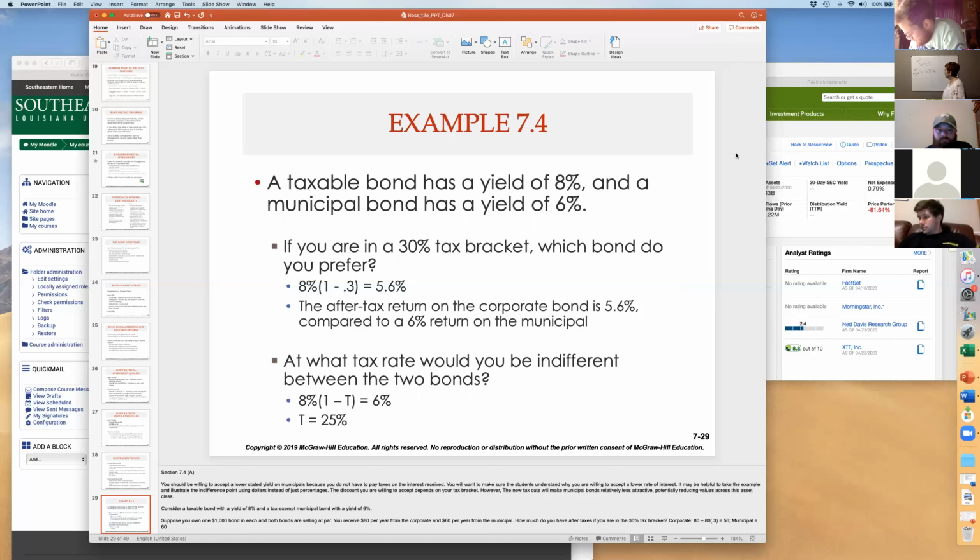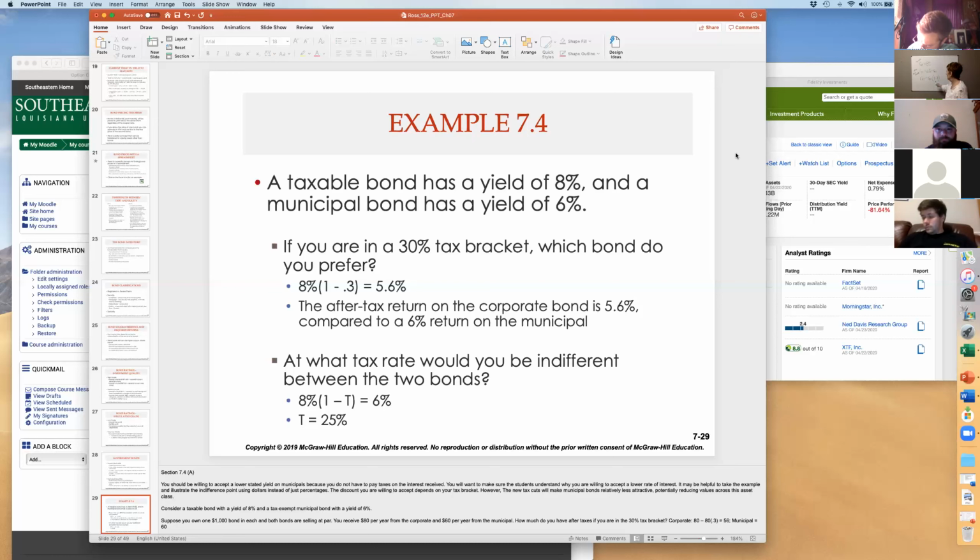We have to adjust this taxable bond because it has not been taxed yet, and it will be. So the after-tax rate of return is going to be equal to your before-tax rate of return times 1 minus your marginal tax rate.